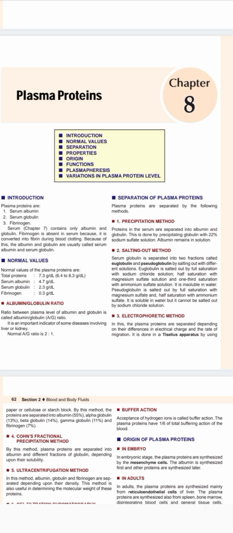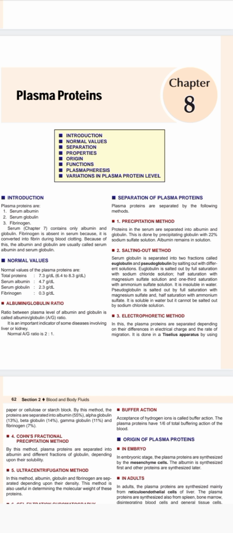Next is Cohn's fractional precipitation method. In this, the plasma proteins are separated into albumin and different fractions of globulin. Next is the ultracentrifugation method.